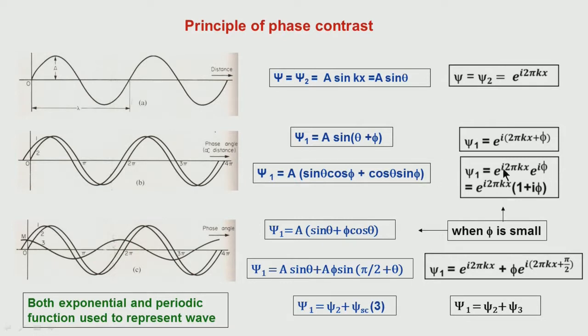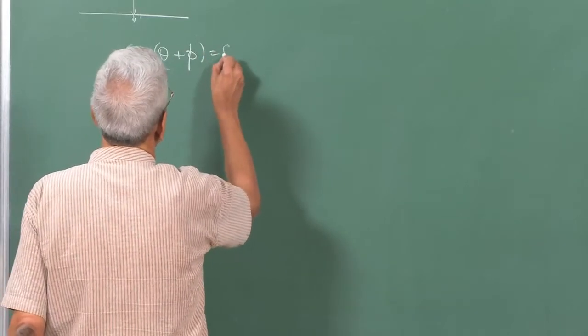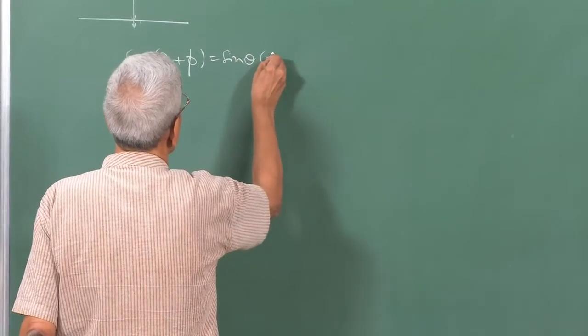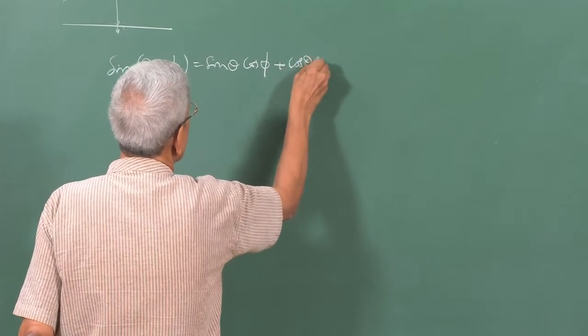This is just the trigonometric identity: sin(theta plus phi) equals sin theta cos phi plus cos theta sin phi.